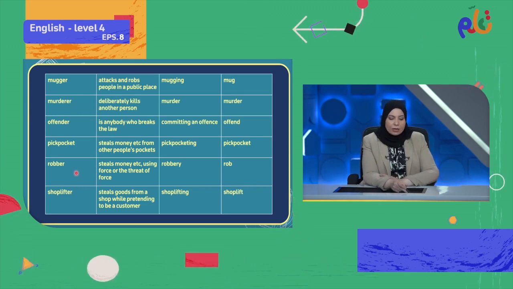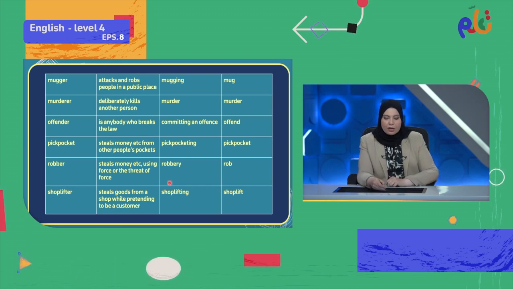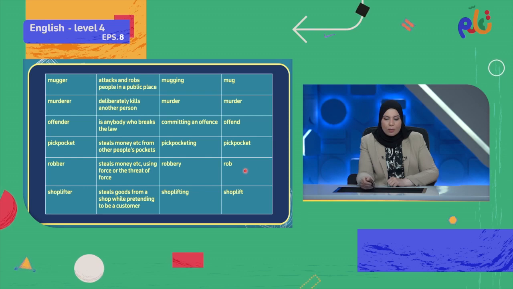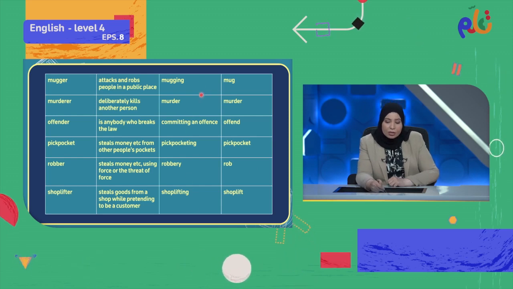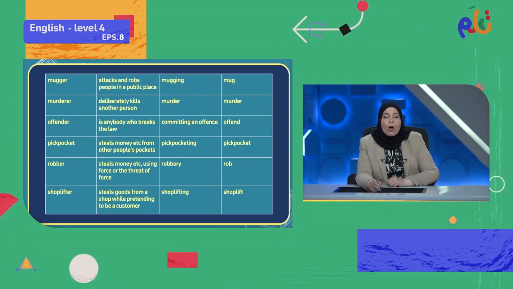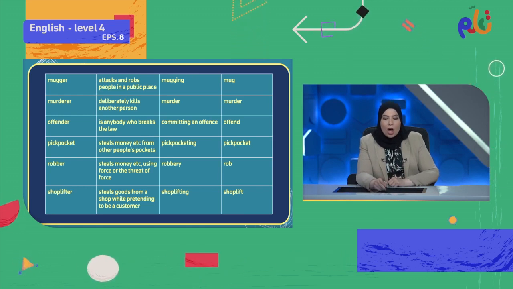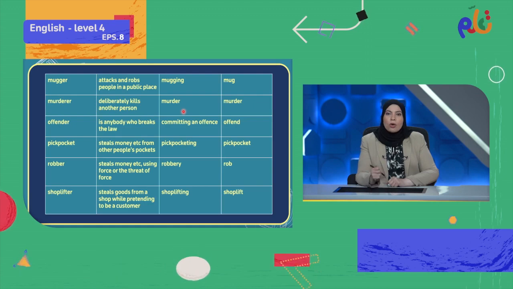So the criminal is shoplifter, the crime is shoplifting, and the verb is shoplift. Have you noticed something related to crimes? All crimes, or most of the crimes, end in ing. So mugging, pickpocketing, shoplifting, most of the crimes usually end in ing.